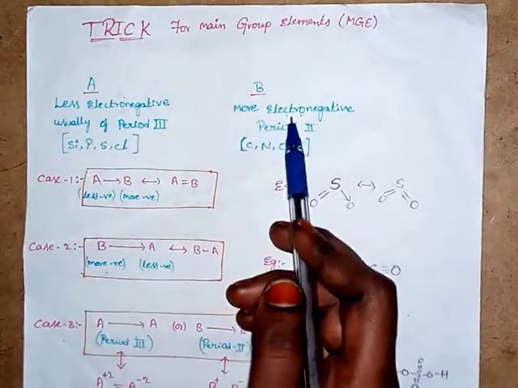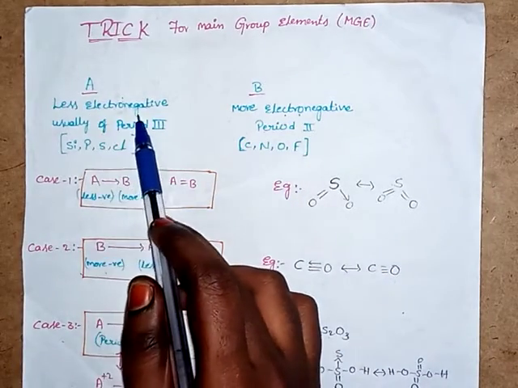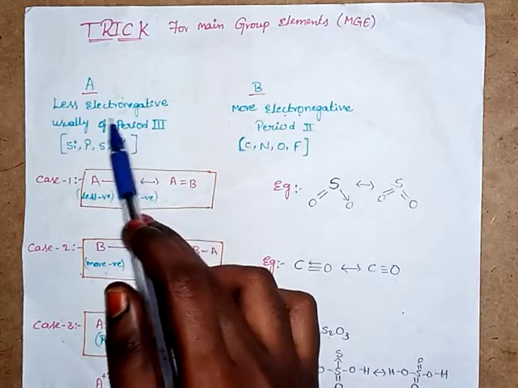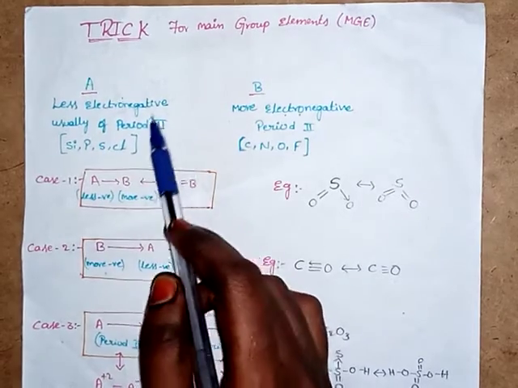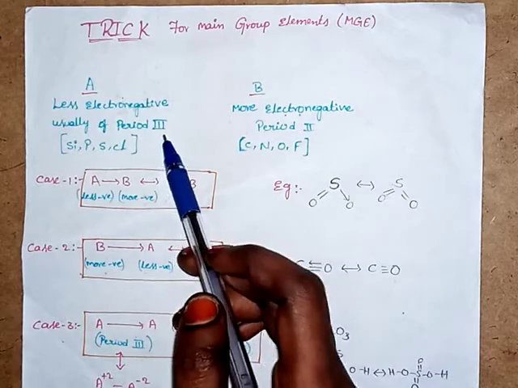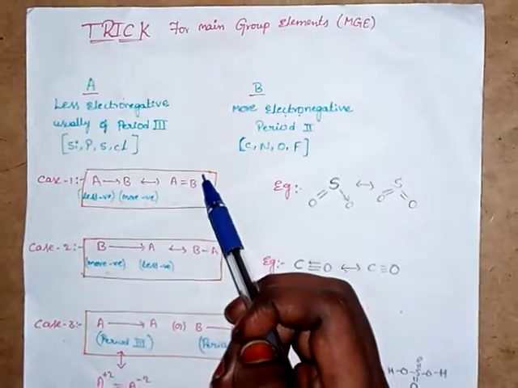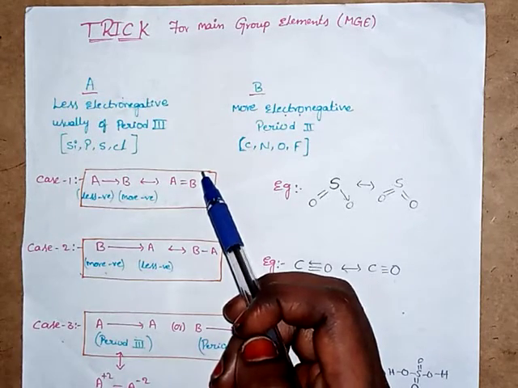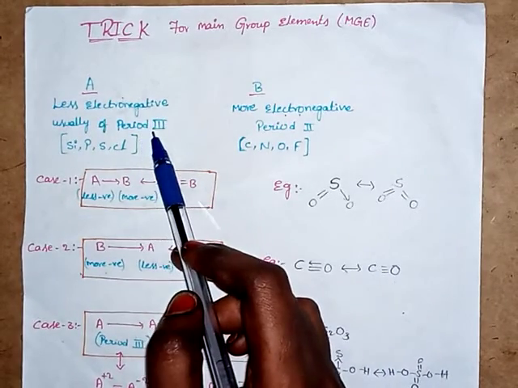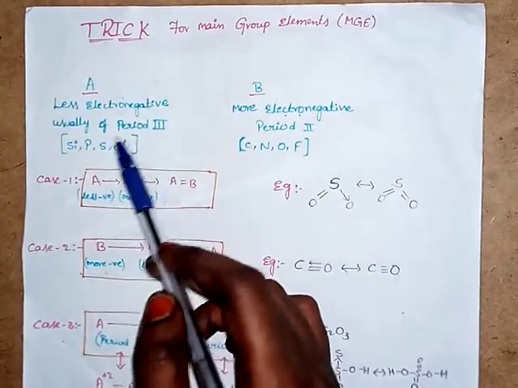That is A and B, where A will be less electronegative. Usually this is from period 3. In our periodic table there are period 1, period 2, period 3, 4, 5, 6, 7. In period 3, what type of elements are there?